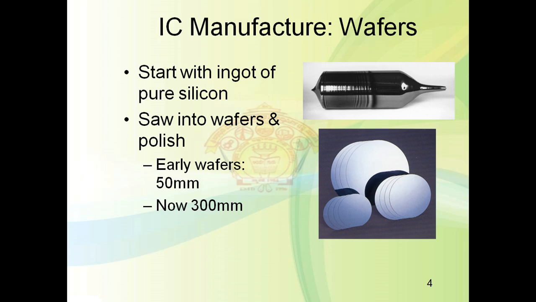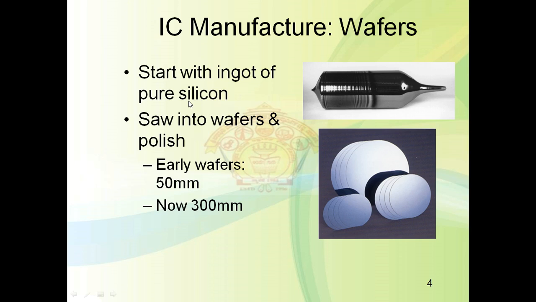ICs are manufactured on a silicon wafer. The IC manufacturing process involves several photolithographic processes. It starts with an ingot of pure silicon.